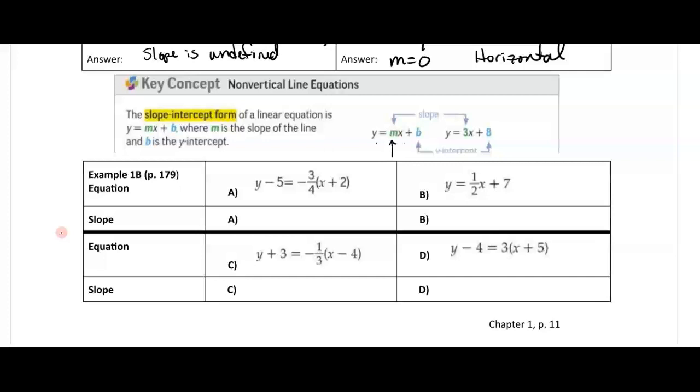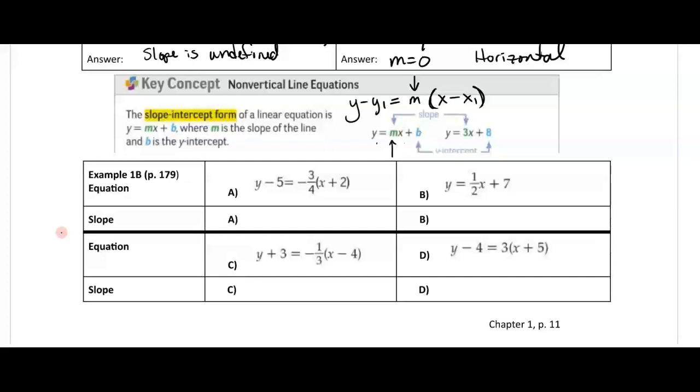And if we have the point slope form, which would be y minus y1 equals m times x minus x1, we'll go into this in more detail later, our slope would be the coefficient of the parentheses with x. So in each case, it's the coefficient of x. In this form, it's outside the parentheses. In this form, there's no parentheses, but that is our slope.